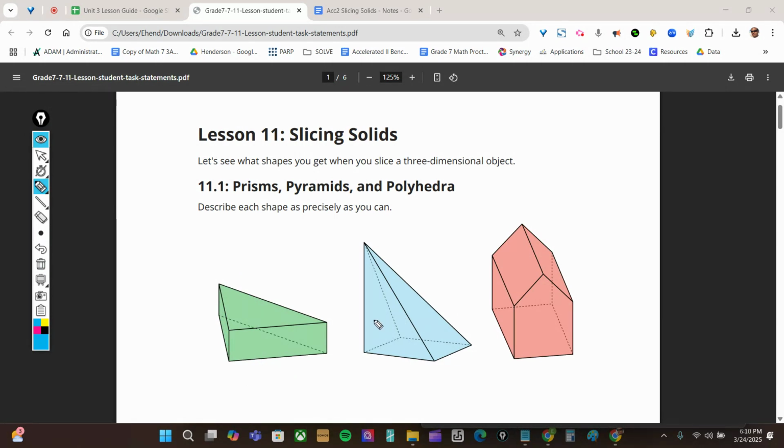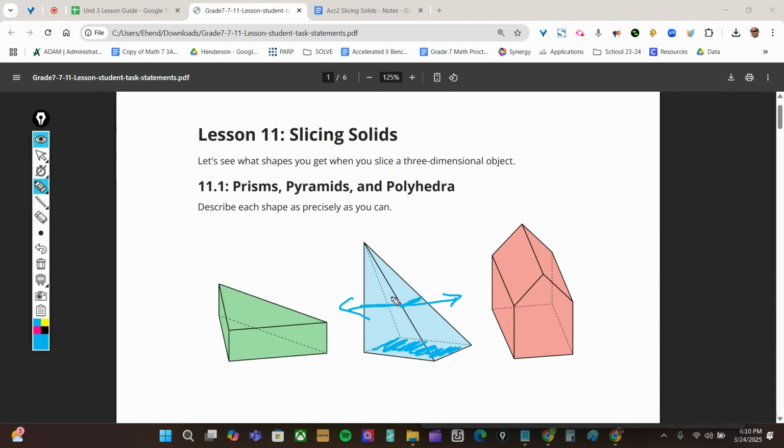And here, if you cut this like here, and then you just cut it across the middle horizontally, then you would end up with a shape of a rectangle, like right here.